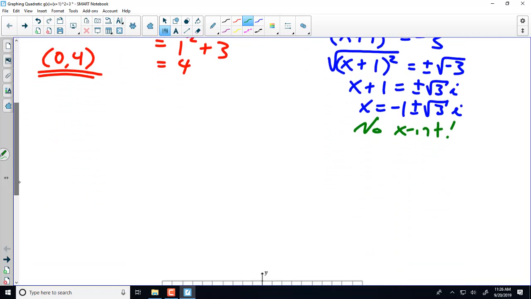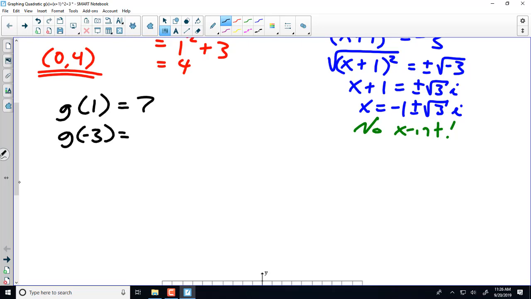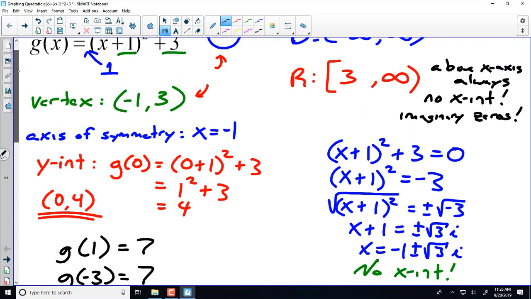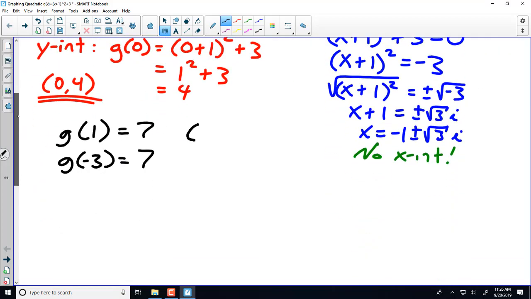So you can check this for yourself. I'm going to do this kind of fast. But if you plug a 1 into the original function, you will get a 7. And if you plug a -3 into the original function, you will also get a 7. I picked 1 and -3 because they were x values that were close to the vertex. And so we get these two other ordered pairs, (1, 7) and (-3, 7). Those will just help us draw a neater graph.